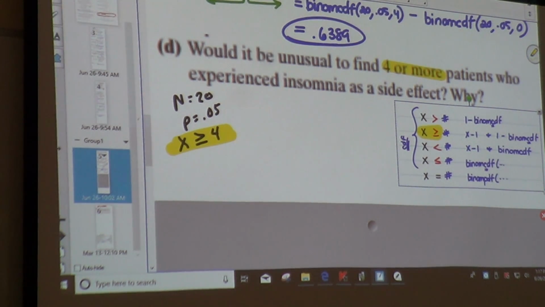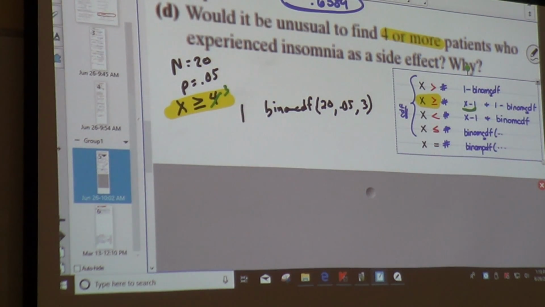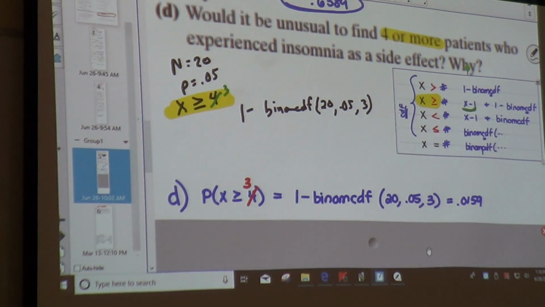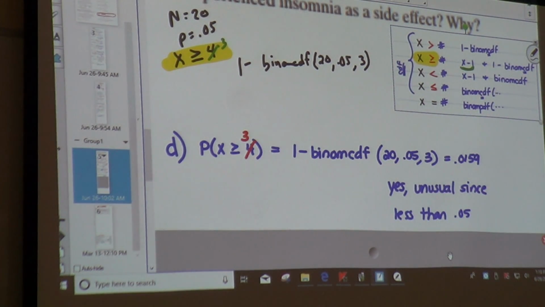So we are doing this one, which means we are going to subtract 1 from our x, and we're going to do 1 minus the binomial CDF of N, P, and X. And is it going to be unusual? It's less than 0.05. So it's unlikely to happen.